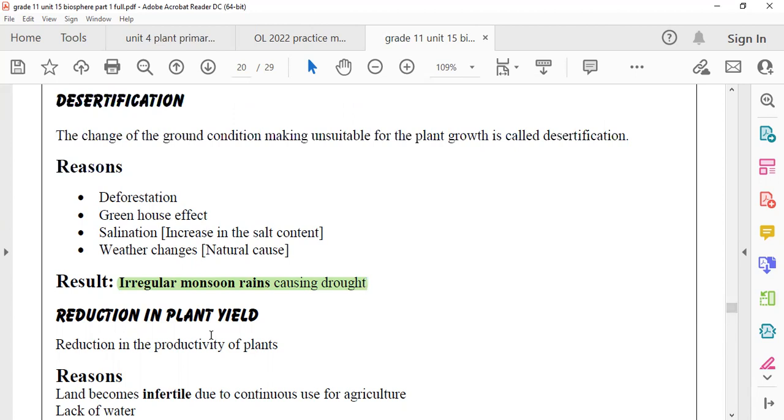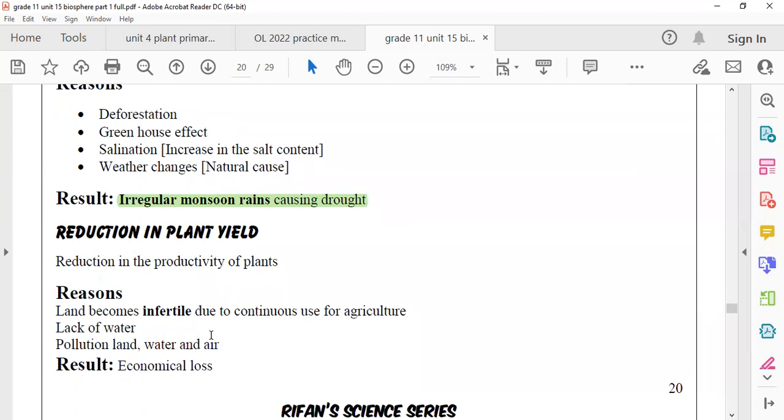Definitely. Now, these deserted places, we are trying to bring back to cultivatable areas. To turn them into cultivatable areas, you have to spend money. Whose money? Public money.